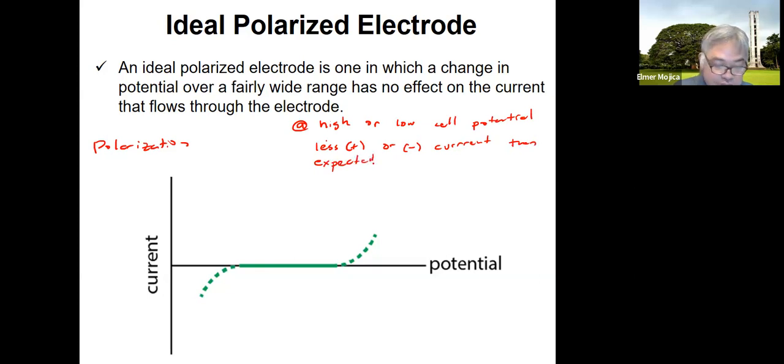And this is due to the so-called polarization. Now, why is it happening? Well, the solution or reaction cannot keep up with the changes in the potential of the system, and it limits the rate of the reaction.